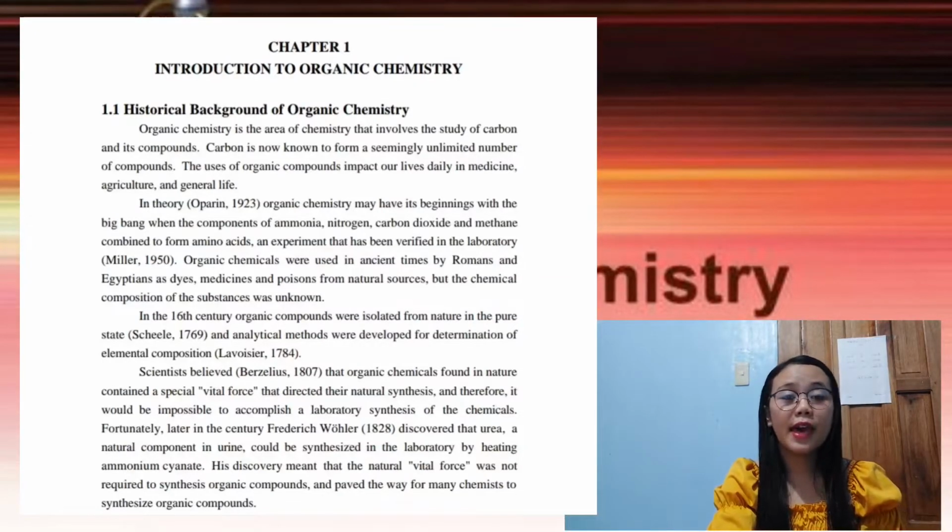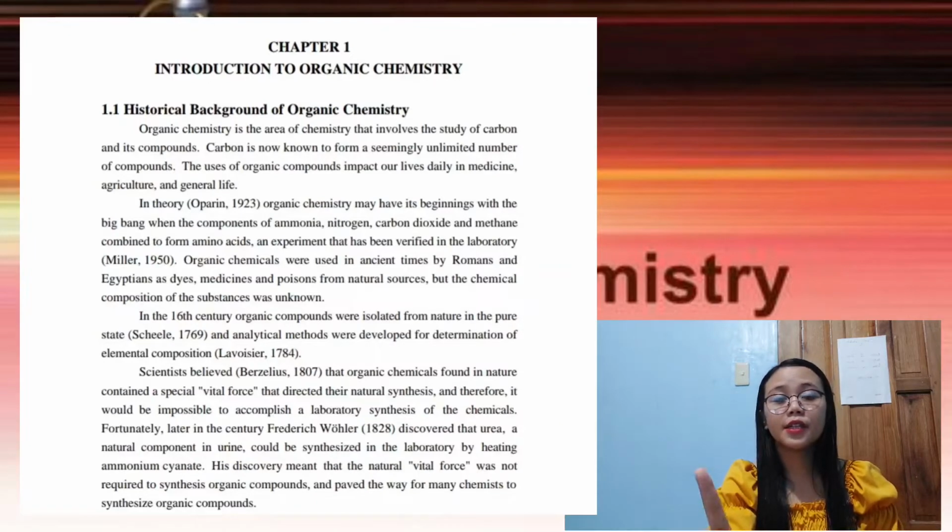Scientists believed that organic chemicals found in nature contained a special something, which is the vital force, that directed their natural synthesis, and therefore it would be impossible to accomplish a laboratory synthesis of the chemicals.